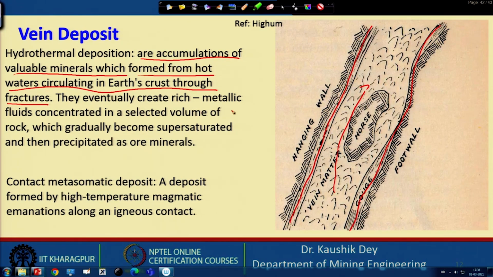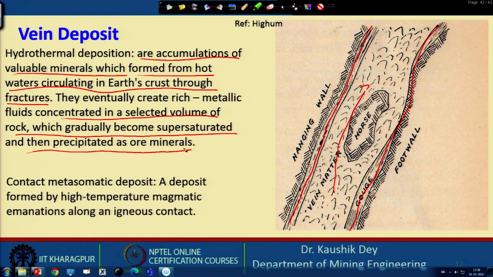You will find most of the metal sulphide deposits occurring like this, gradually supersaturated and then precipitated as the ore minerals.